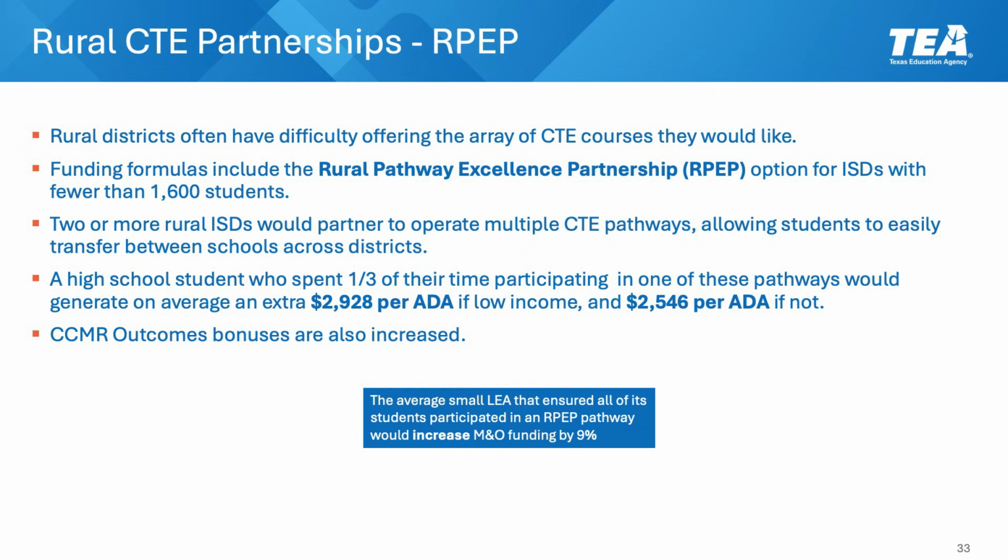So if 2 districts have different CTE courses, a student from District A could actually attend the CTE course from District B, and additional funding can be generated for that. In one of these pathways, a student could generate on average upwards of almost $3,000 per ADA for the district. In addition, as the RPEP allotment funds the current state of students that are included in that model, CCMR outcomes bonus funding will also increase for students that are in the RPEP model that ultimately generate CCMR outcomes bonuses to the district.